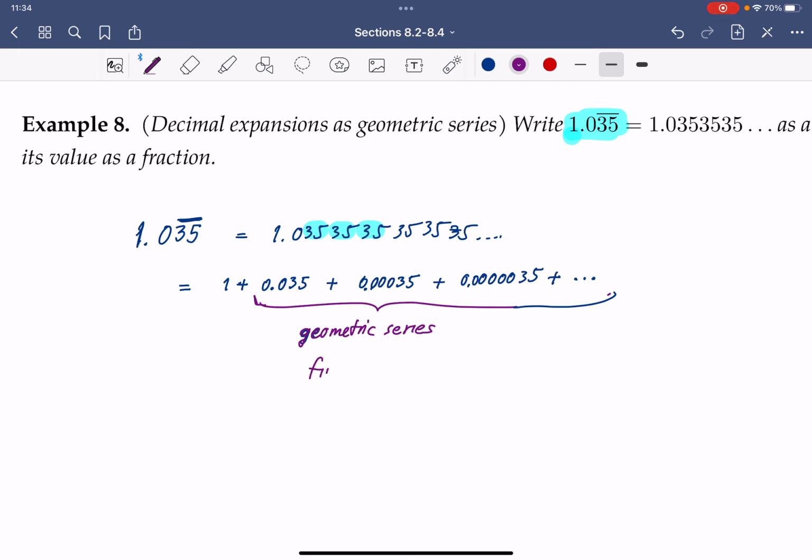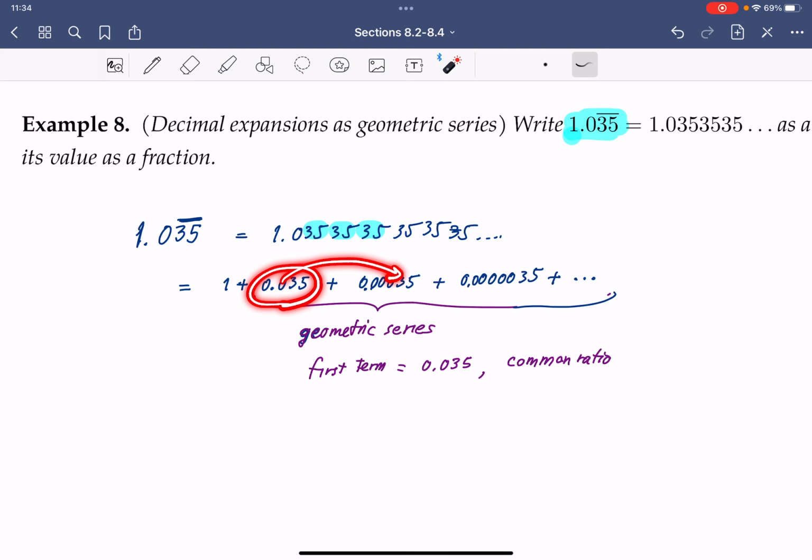The first term is gonna be 0.035, and the common ratio is gonna be what? From this term to this term, you multiply by 0.01. From this term to this term, you multiply by 0.01.